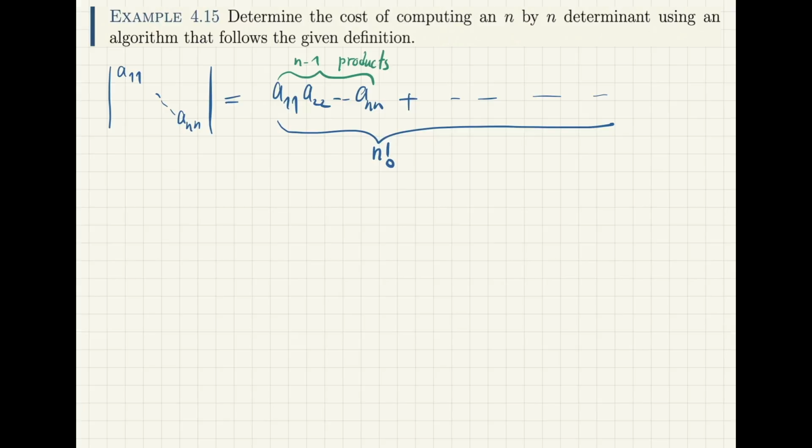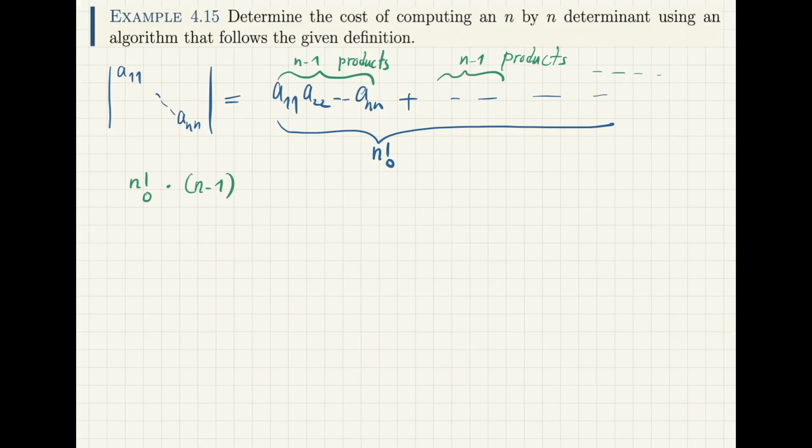And the same thing here, n minus 1 products, all of them are n minus 1 products. So I have n factorial terms. Each term involves n minus 1 products. So in total, how many products I have to apply? I have to calculate n factorial times n minus 1.